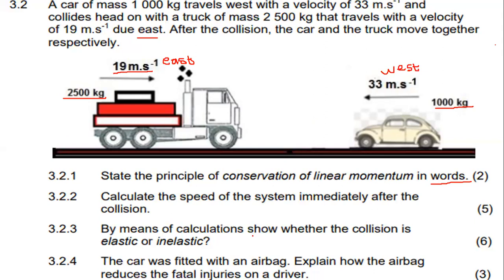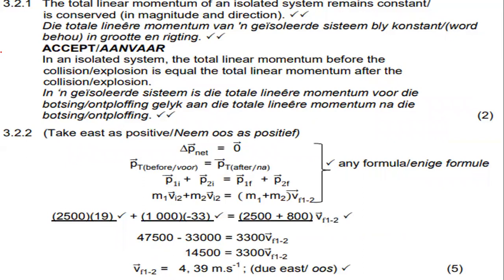Let us see how we mark that particular question. It reads, the total linear momentum of an isolated system remains constant, or another learner could say is conserved in magnitude and direction, and that is going to give you 2 marks.